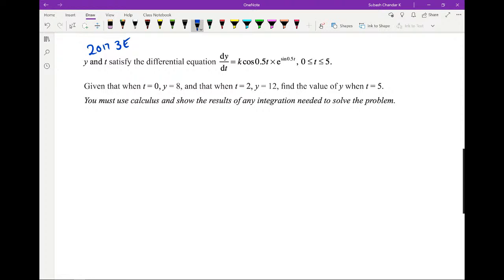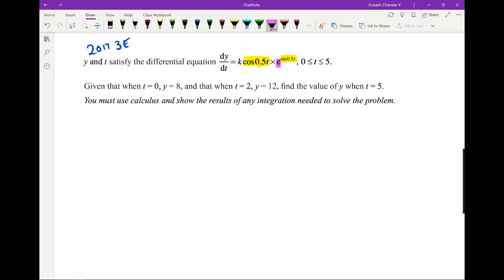So guys, when I look at some of the more complicated integration questions, this is a pretty straightforward one. The key things to look at are these: see how this is cos 0.5t and this is sine 0.5t. I think that's your first clue.